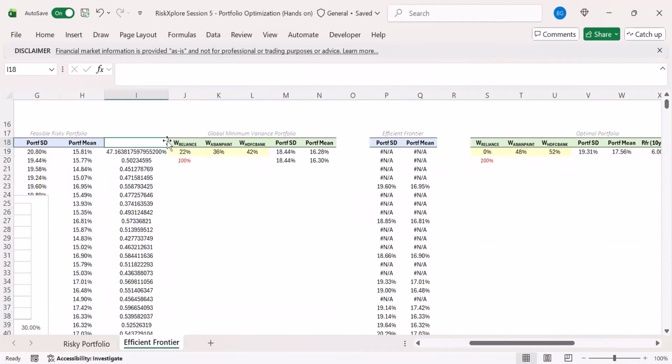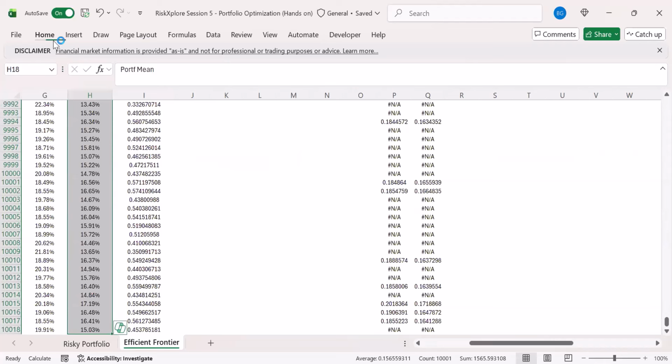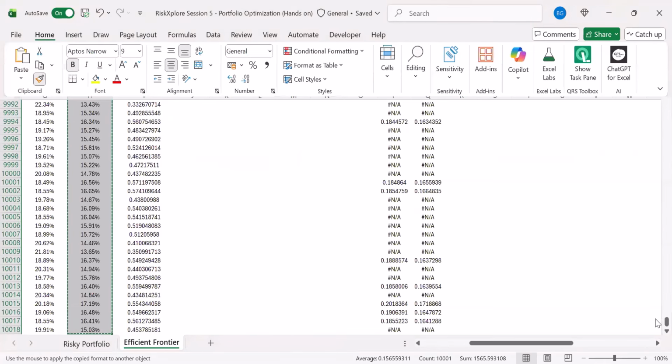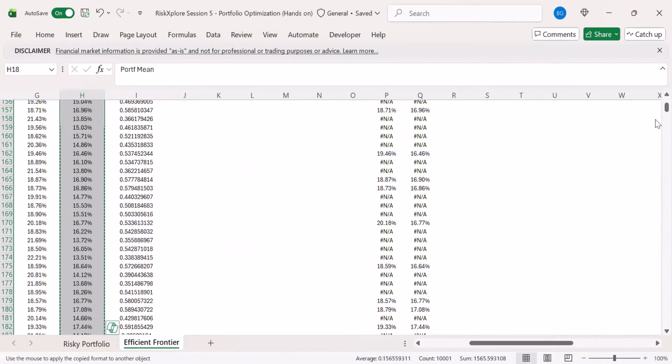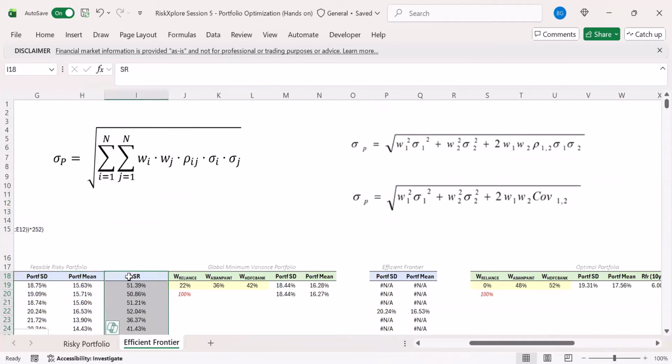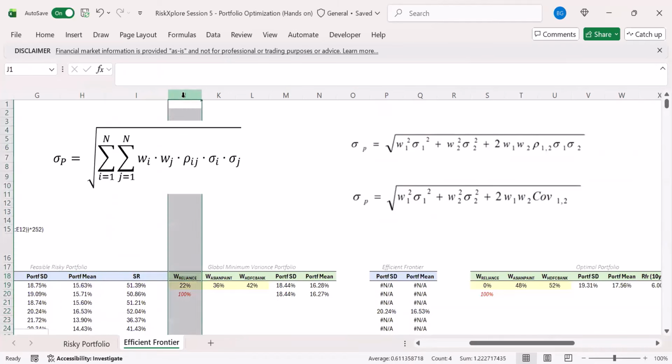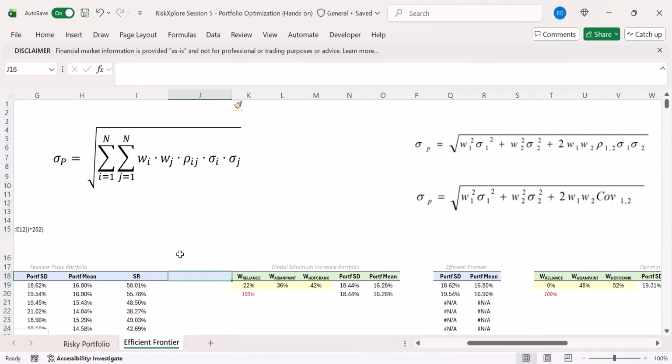If we see this, this is the Sharpe ratio, right? We can apply the formatting as well. Yes. So this is the Sharpe ratio that we have here. And just give me a second.